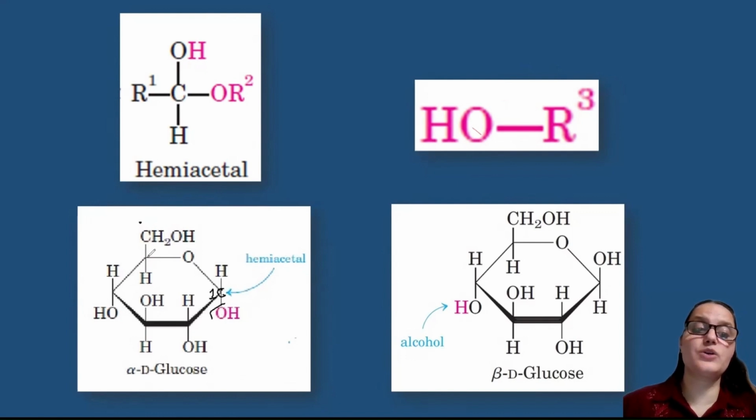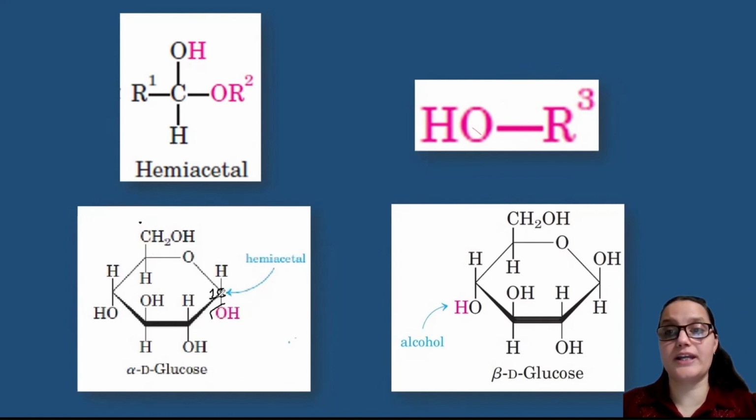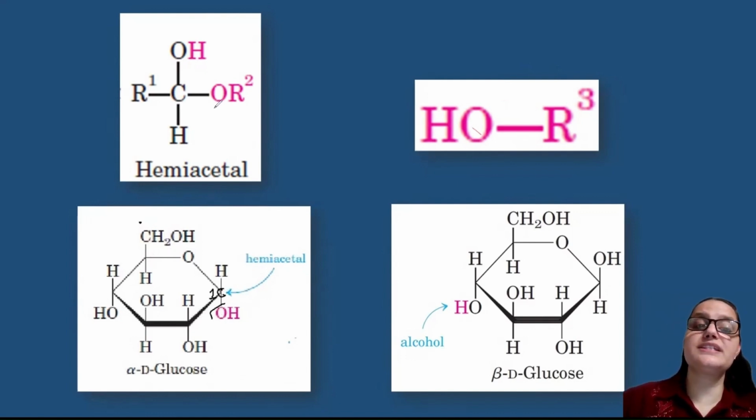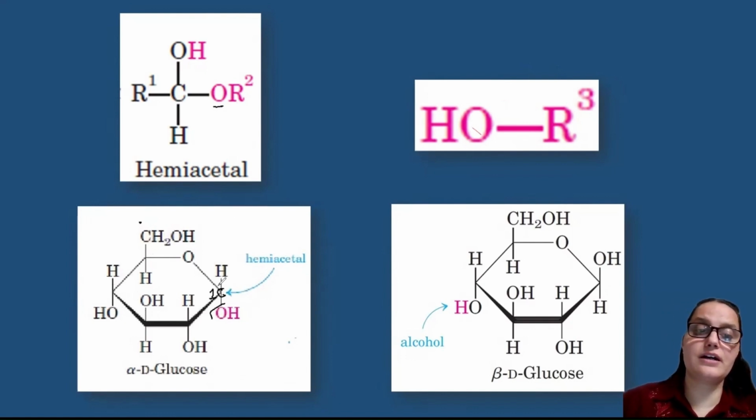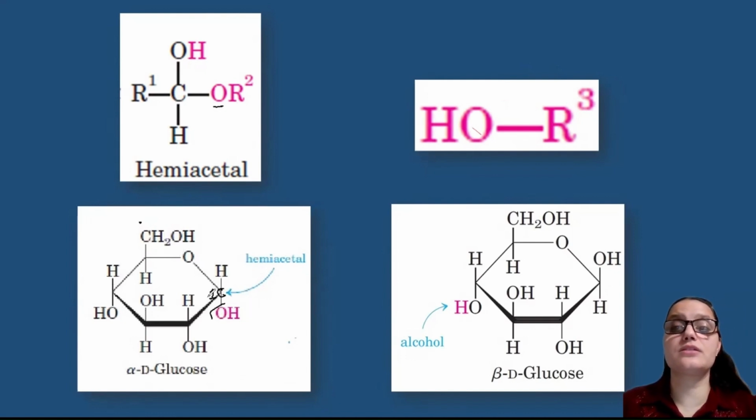So this is the alkyl group with which it is associated directly. And then to the second alkyl group, it should be associated through an oxygen atom. So this carbon, then this is the oxygen, and this is the alkyl group to which it is associated through an oxygen atom, or we can say this is the ether bond, the first ether bond, which is already existing there. This is about the hemiacetal carbon.